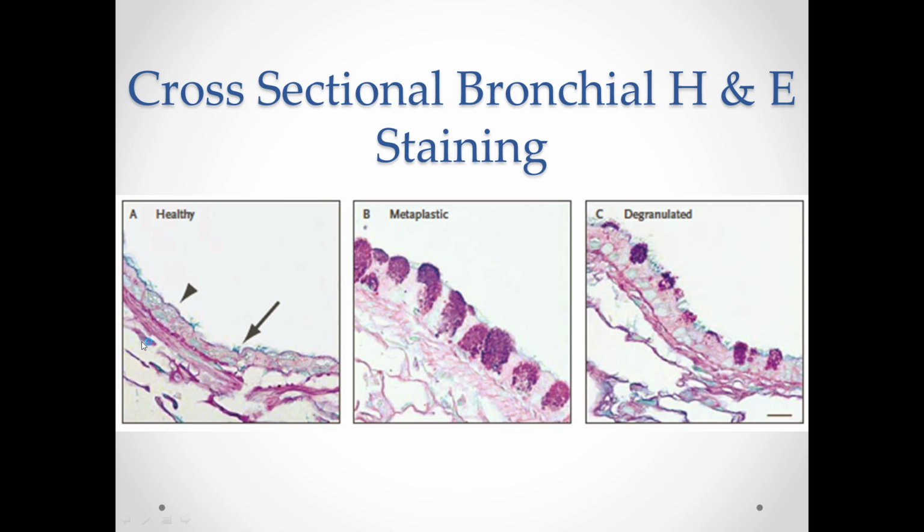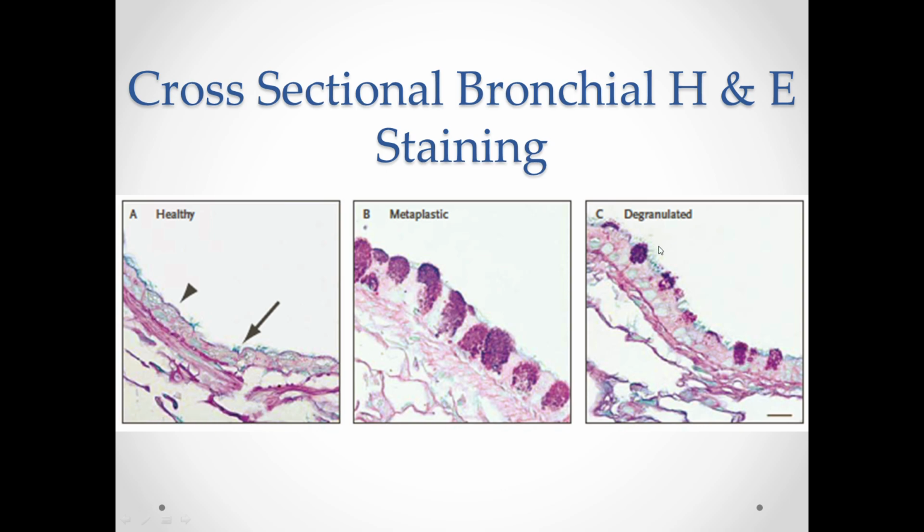and smooth muscle. Now, when this hypertrophies, again, you can see there's quite a lot of hypertrophy of this epithelium, and also quite a bit of hypertrophy of this underlying smooth muscle cell layer. You can see how thick this smooth muscle cell layer looks compared to this region right here.